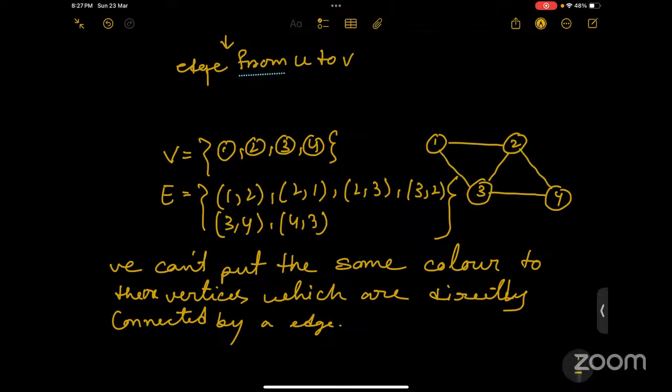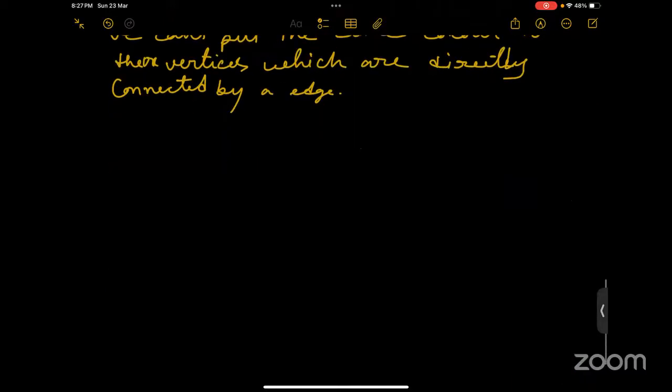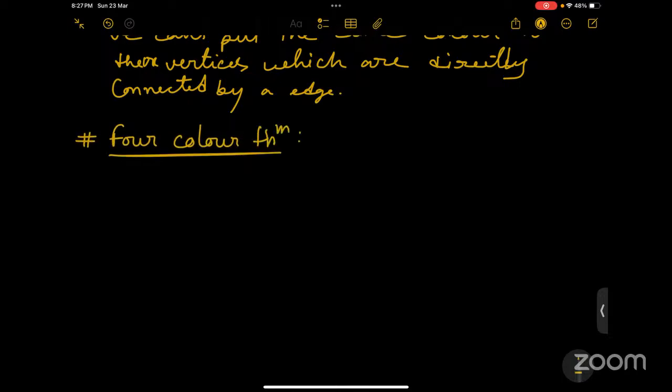Okay. So for that we basically have a theorem. The theorem is called the four color theorem. That means for any planar graph, a maximum of four colors is sufficient to color a planar graph. Planar graph means two-dimensional graph. Yes, correct.